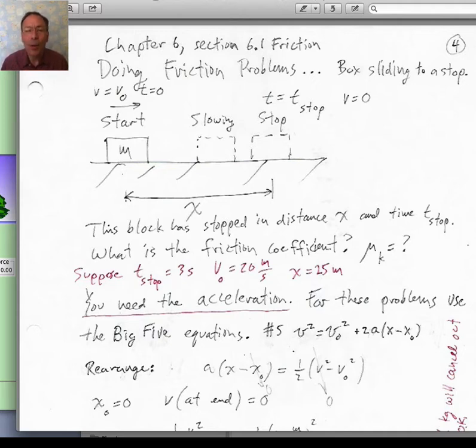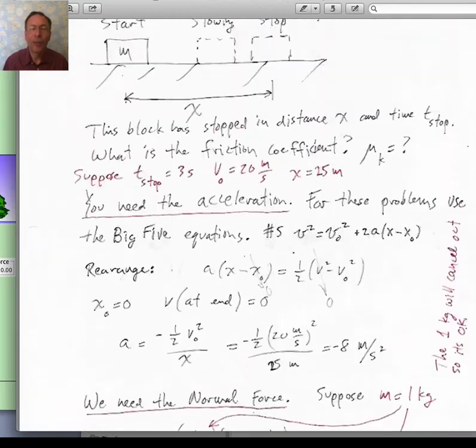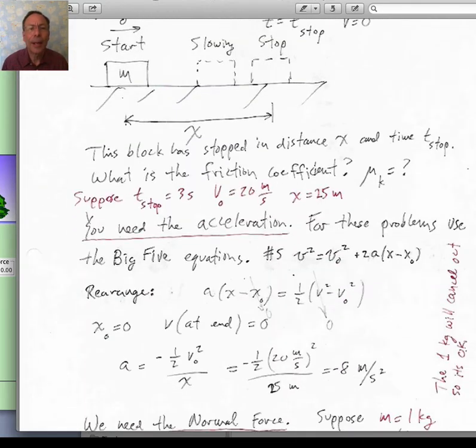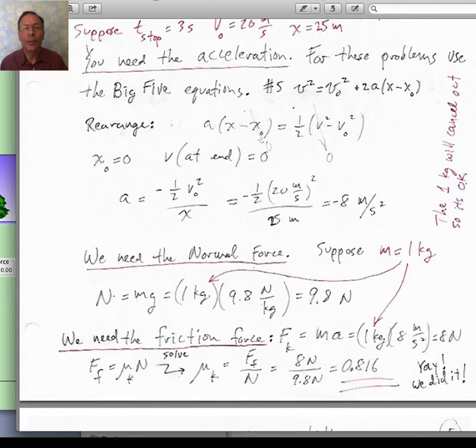It's a multi-step problem, which is kind of typical of friction problems, and so in the broad outline, we're going to start by figuring out the acceleration. We're going to then figure out the normal force.